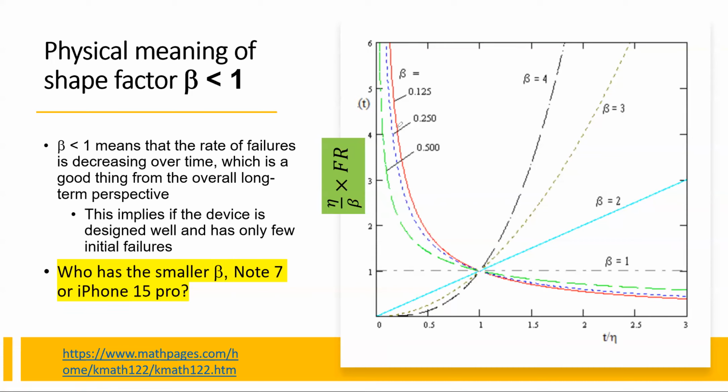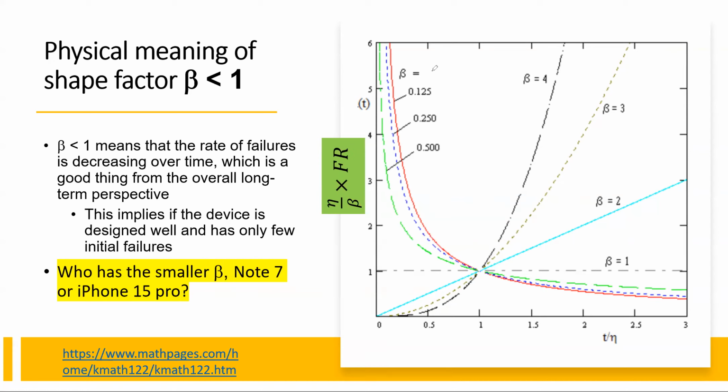Okay. And here it looks to me that the failure Note 7 seems to be a little bit worse than the iPhone 15 Pro. And from that perspective, the Note 7 beta will be larger than that of iPhone 15 Pro, even though both are less than 1.